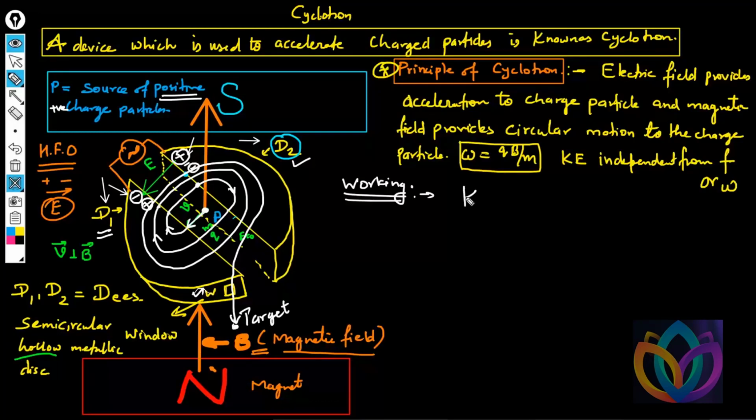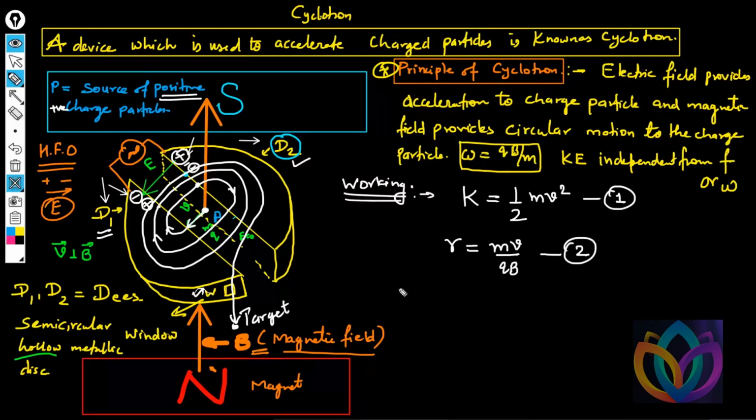The kinetic energy of the charged particle, we know, will be half mv squared. At the same time, we know the radius of the circular path is given by mv upon qB. We have derived this.